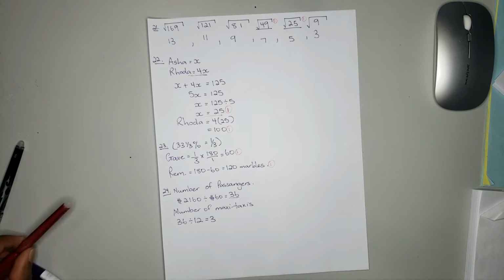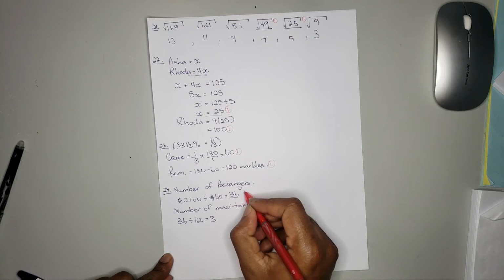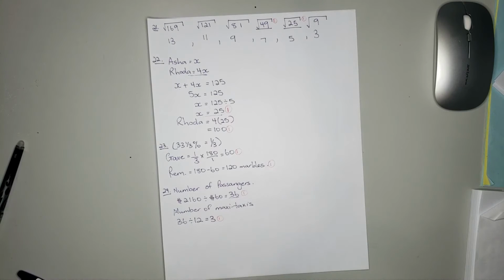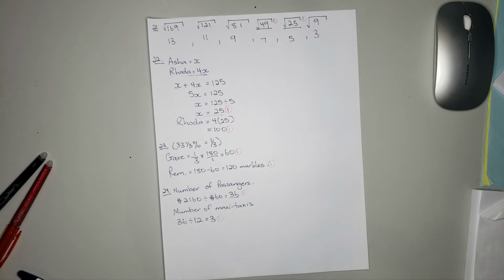So you need 3 maxi taxis. You'll get 1 mark for getting the 36 here, and 1 mark for getting the 3. Alright, we're moving on now to number 25.